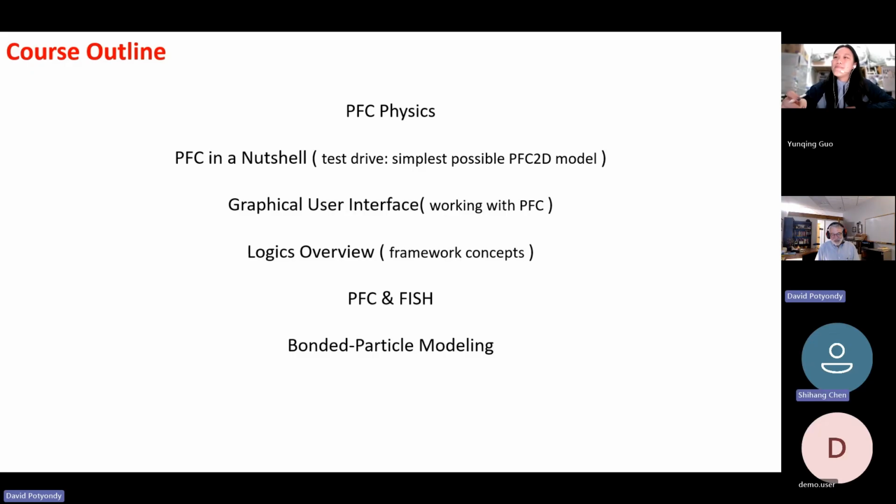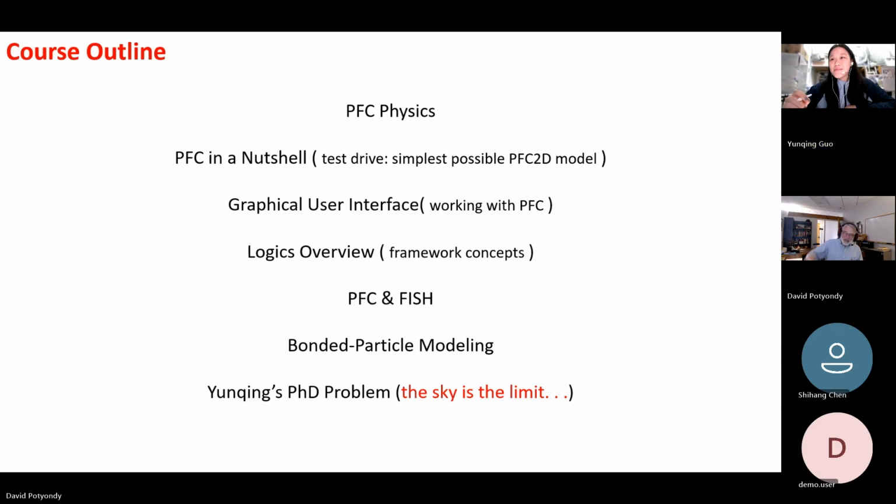So we're going to get to that, and then of course we're going to do your PhD problem, right? And we don't know what that is, so that's why I said the sky's the limit there. The main goal of all of this is to get you and King up to speed to effectively use PFC to address your still yet undefined PhD problem.